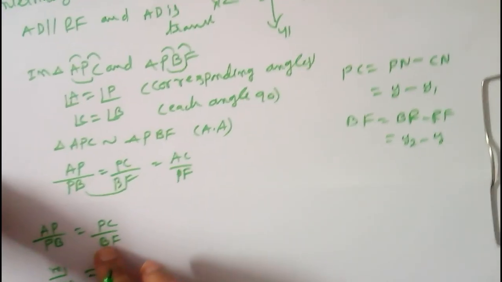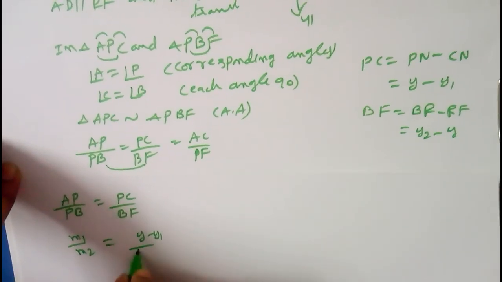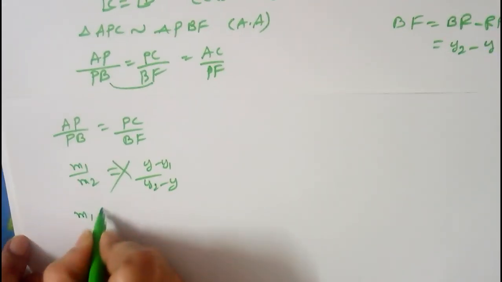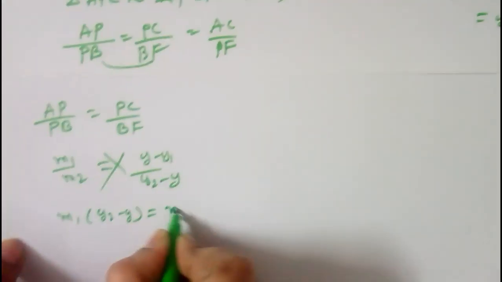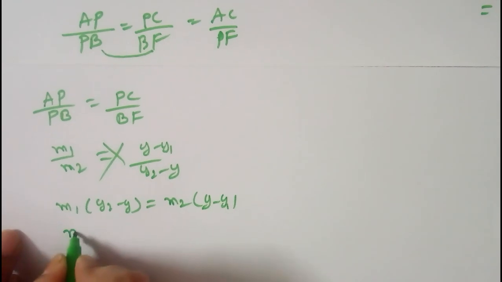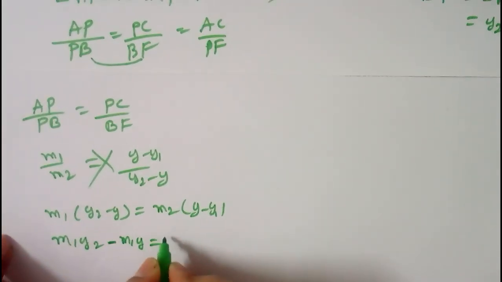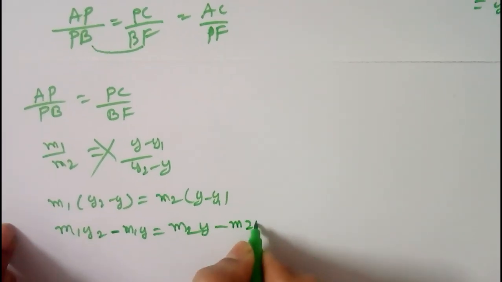Now PC is to BF is equal to Y minus Y1 by Y2 minus Y. Do the cross multiplication: M1 into Y2 minus Y is equal to M2 into Y minus Y1. Open the brackets. M1 Y2 minus M1 Y is equal to M2 Y minus M2 Y1.